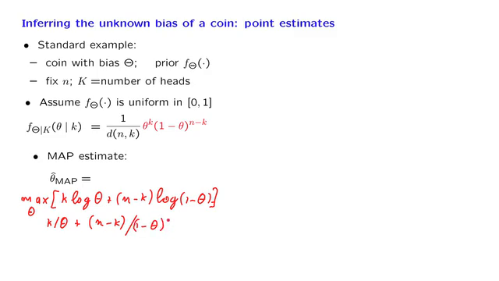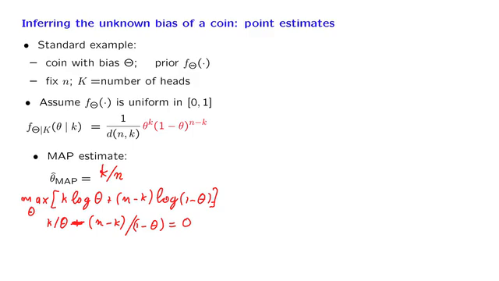But because of the minus here, when we apply the chain rule, this plus sign is going to become a minus sign. And now we set this derivative to 0. We carry out the algebra, which is rather simple, and the end result that you will find is that the estimate is equal to k over n.